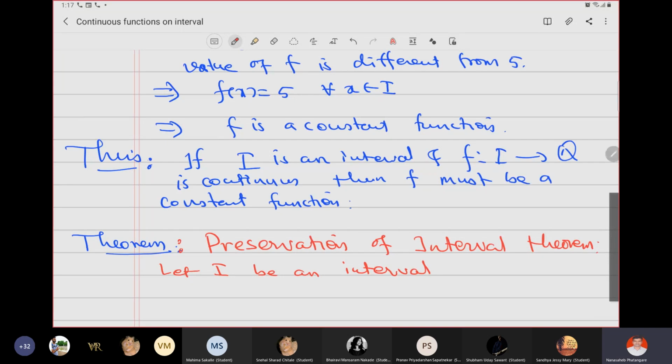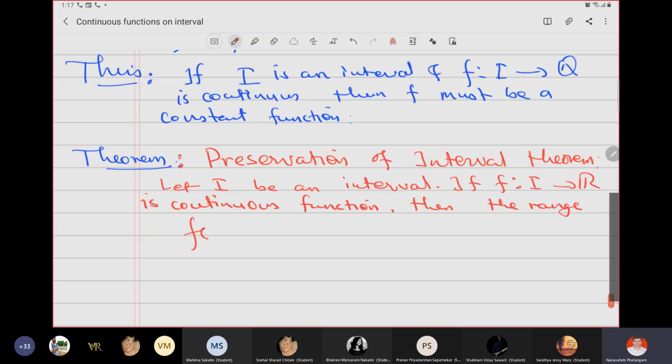So if f defined on I is a continuous function, then the range f of I, the collection of all images, is also an interval.